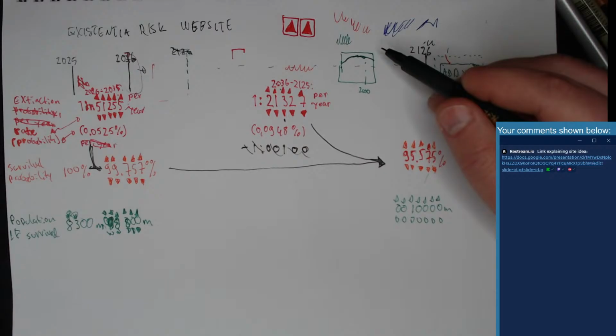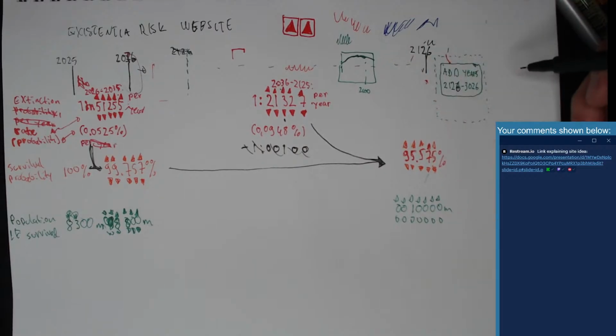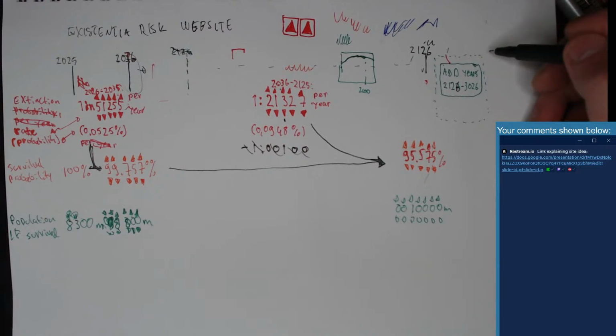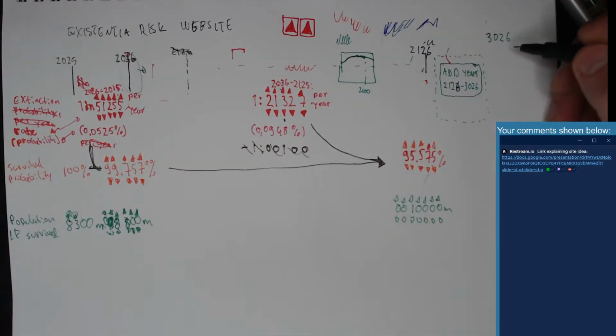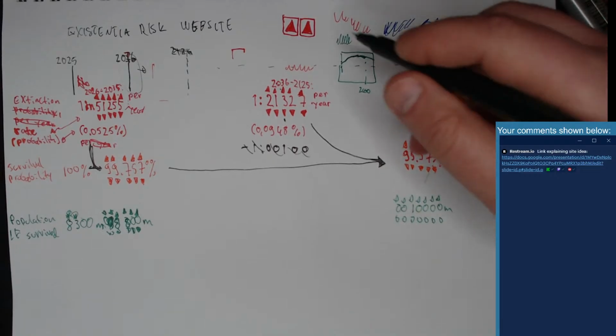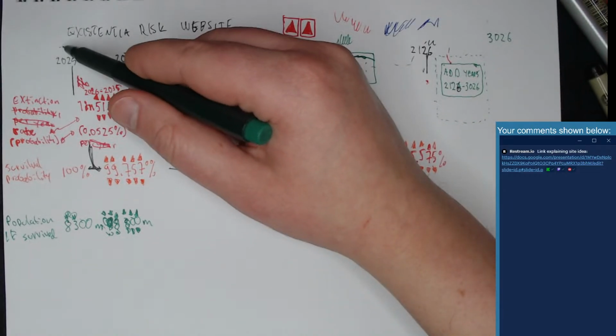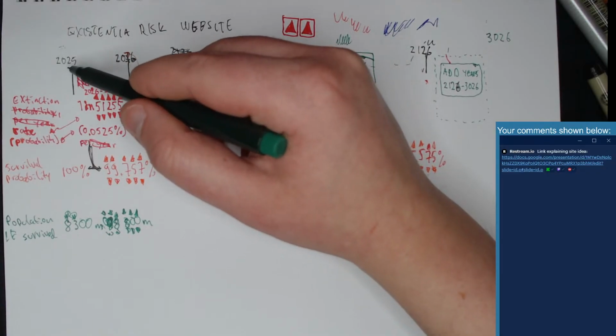The next year that we're gonna look at after 2126 is 3026, because that's 1000 years from here.